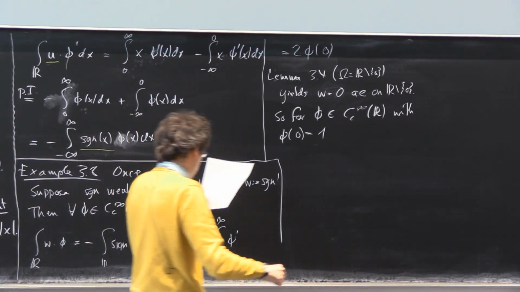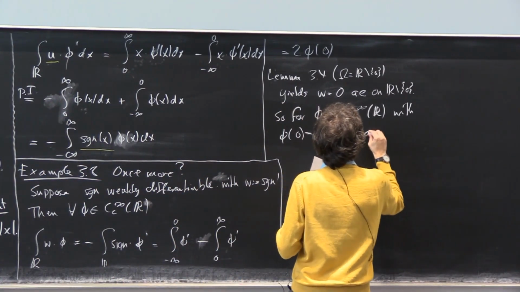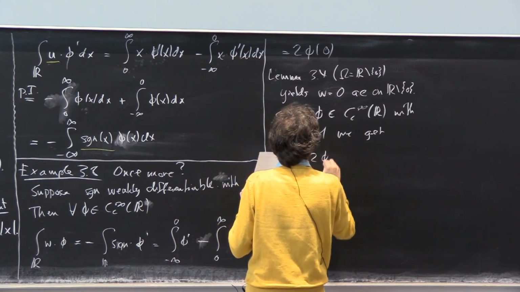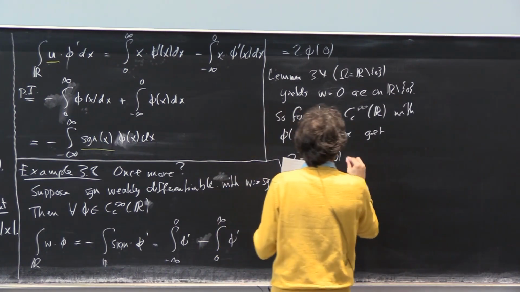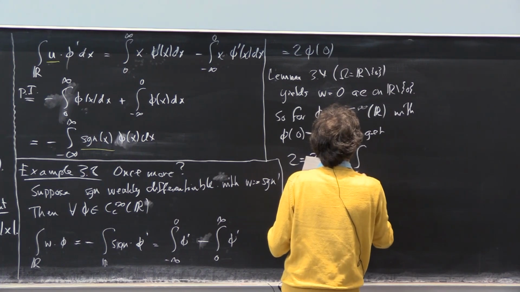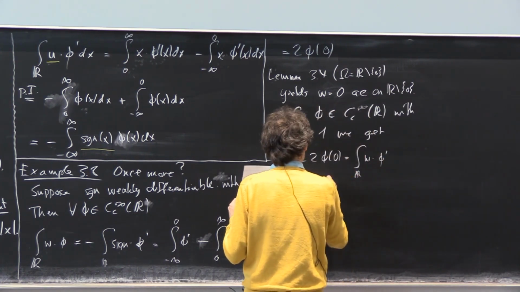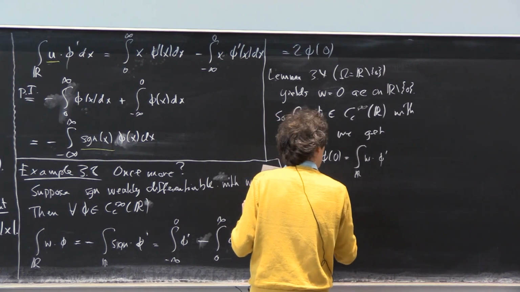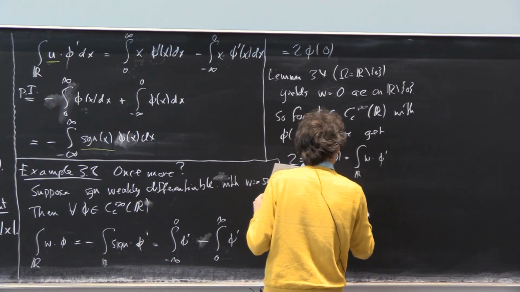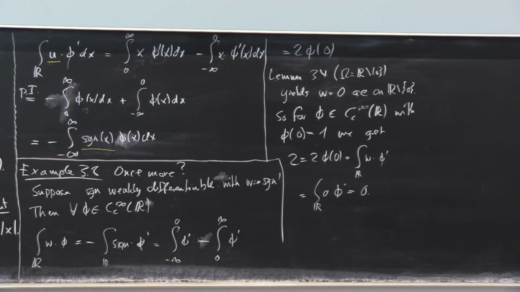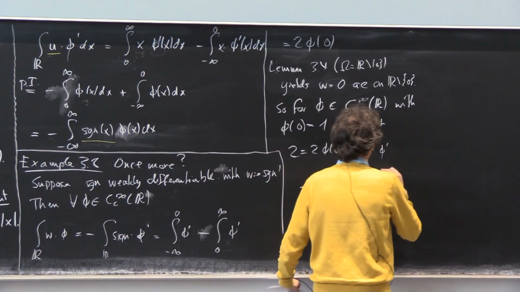And then you get a contradiction, because then you get that 2 times phi of 0, which is 2, is the same as the integral over R of w times phi prime. But you know that w is 0, so this is the integral over 0. This is 0, and 2 isn't used to being 0. So this is a contradiction.